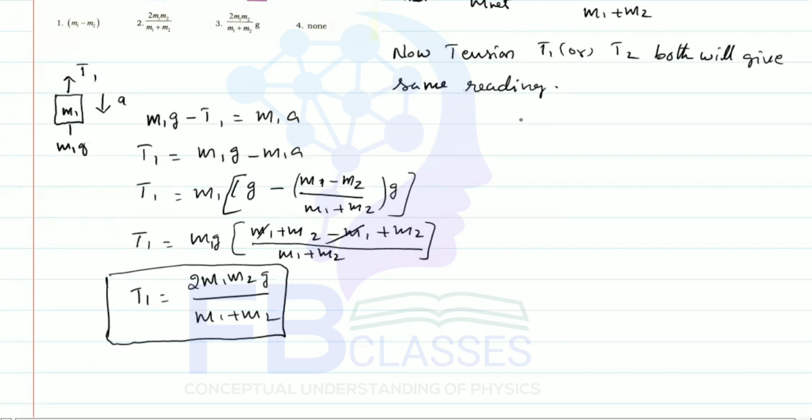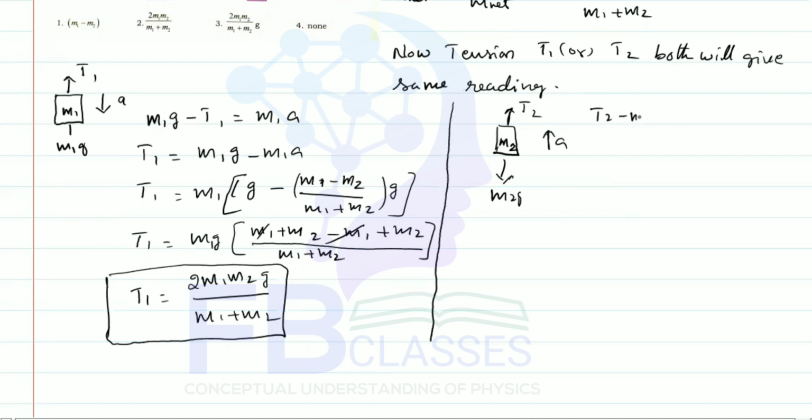If you want, we can find out the T2 also. For that I am going to draw the free body diagram. Okay, so both the answers will come the same. We can find out. So for your better understanding, okay, m2, here is the tension, downwards is m2g. So acceleration is upward, that means tension is greater.